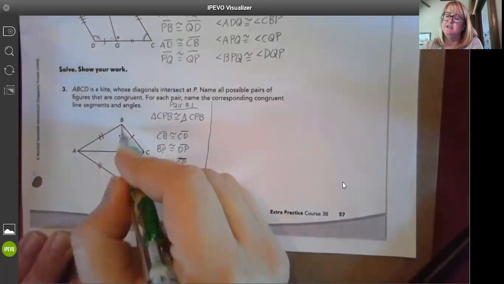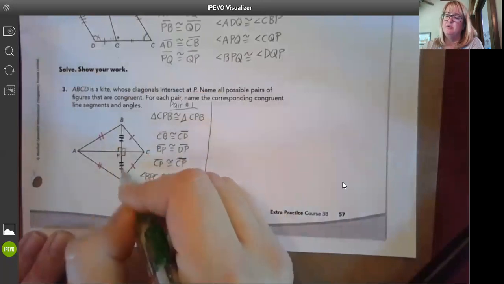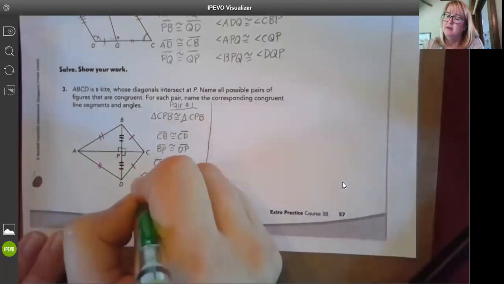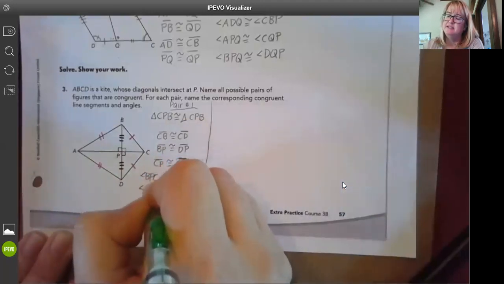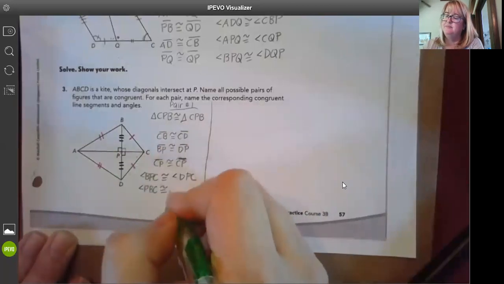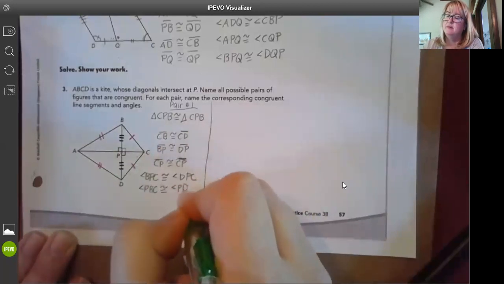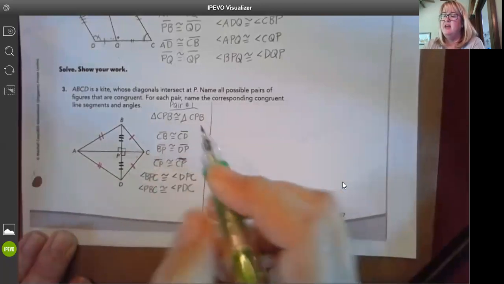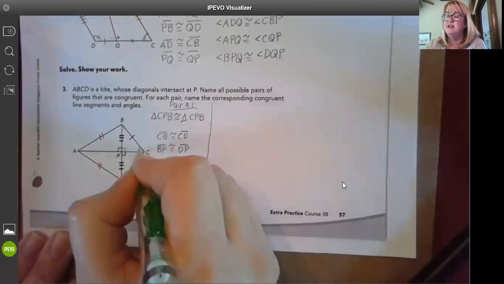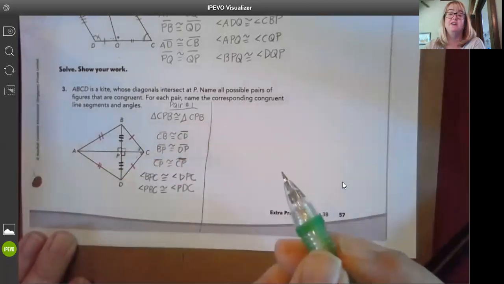Then we've got these 2 out here. Imagine if I folded it up. These 2 angles would lay on top of each other. They're congruent. So that's going to be angle PBC is congruent to PDC. And then because they're congruent, these angles right here, this one and this one have to be congruent.